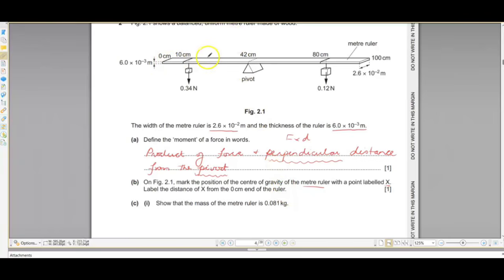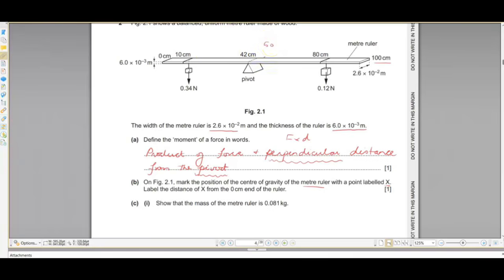Whenever they have not mentioned in the question what the position of the center of gravity is, then the center of gravity is the central point of whatever object is being taken, whether it's a plank, whether it's a wooden ruler or whatever. So this wooden ruler is 100 centimeters long, so its center of gravity would be at its center, between 100 and 0, the center would be at 50.